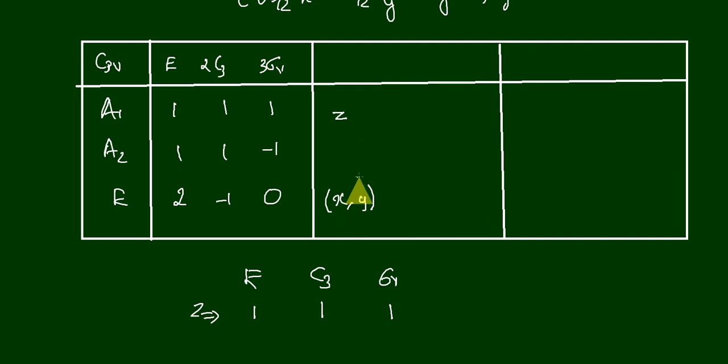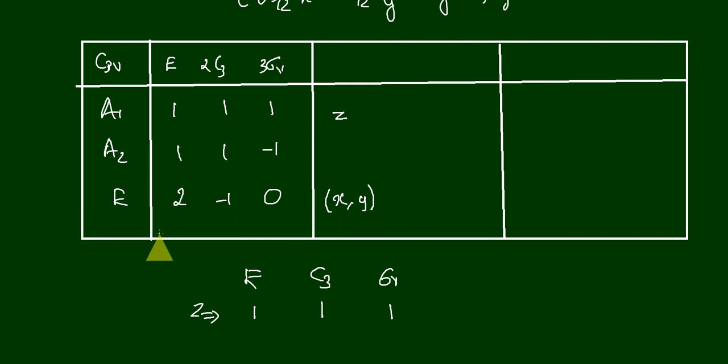ഇത് മറ്റൊരു സെറ്റാണ്. So, what is the meaning of this one? The z transforms by a different species. What is the species here? A1. z transforms as the A1 species. x and y transform together as the E species, right?